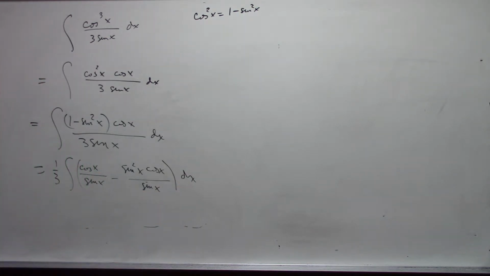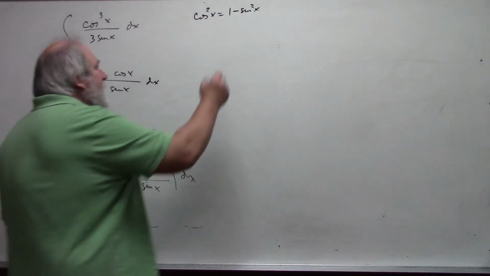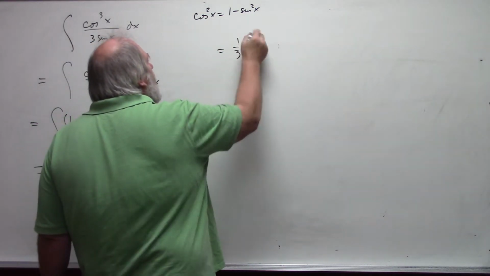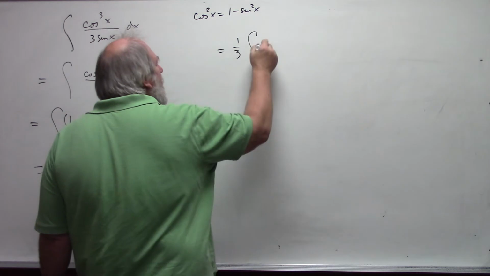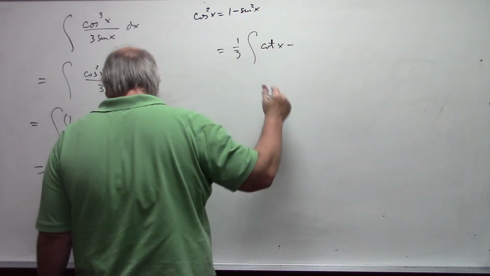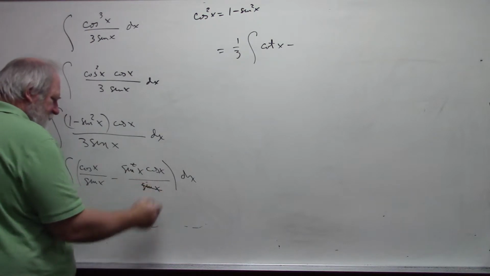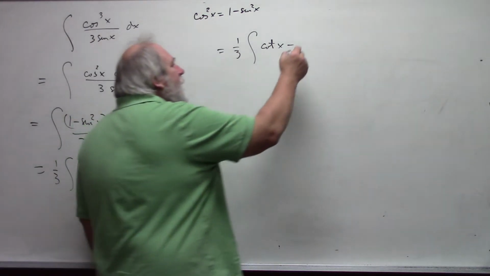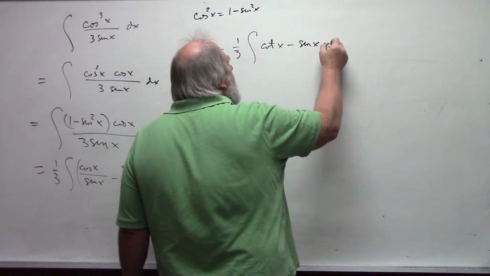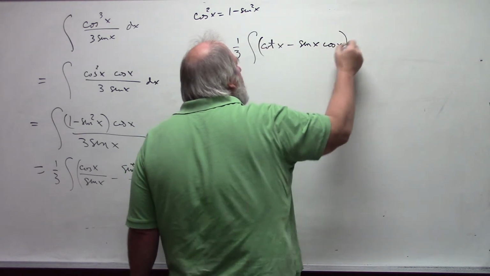When I distribute the cosine, and the sine goes to each of the individual pieces, that gives me then 1/3 the integral of cotangent of x minus, and when I reduce this, sine x cosine of x.